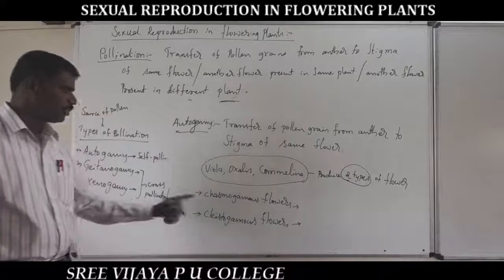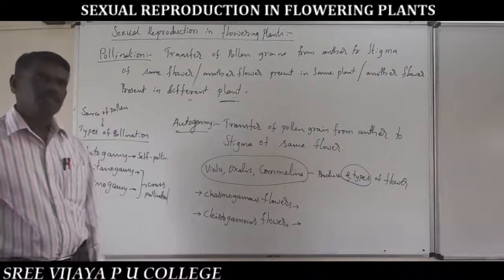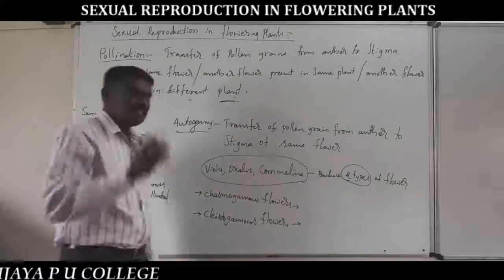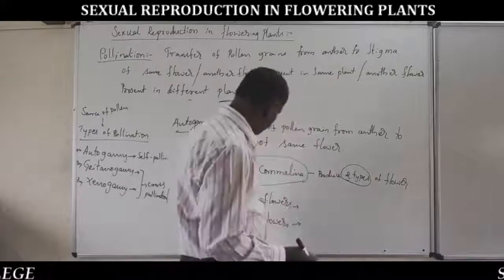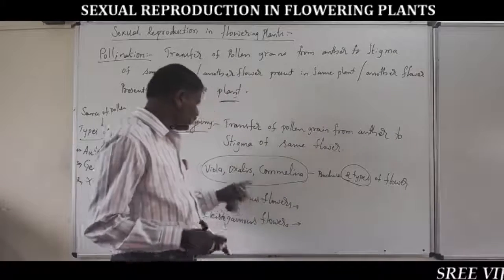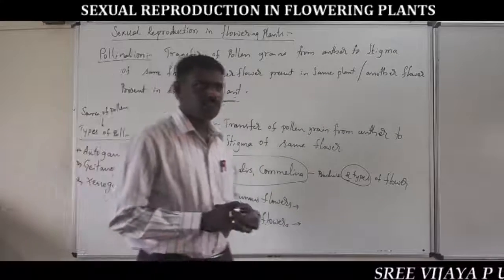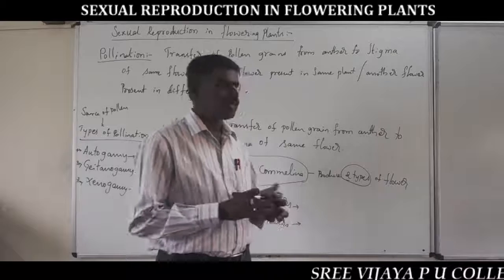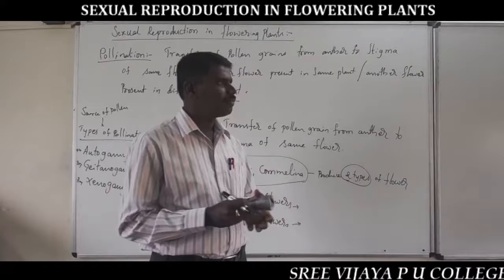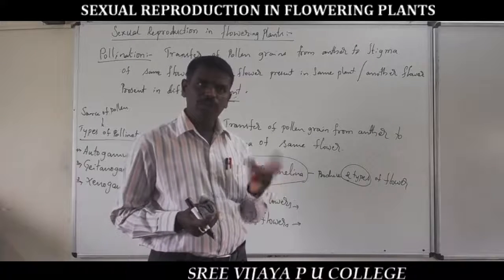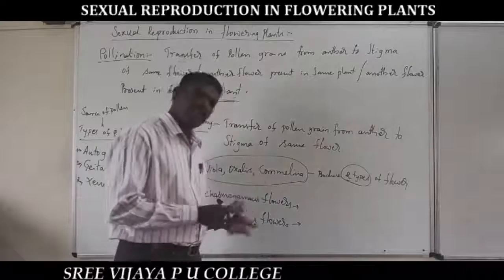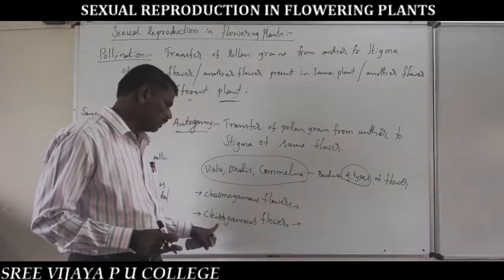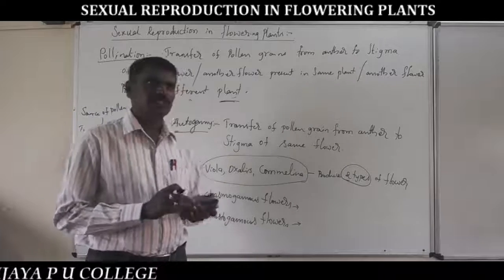What are chasmogamous flowers? A common example is groundnut, and also Commelina, Viola and Oxalis. Your familiar example, the groundnut plant, also produces both chasmogamous flowers and clistogamous flowers.